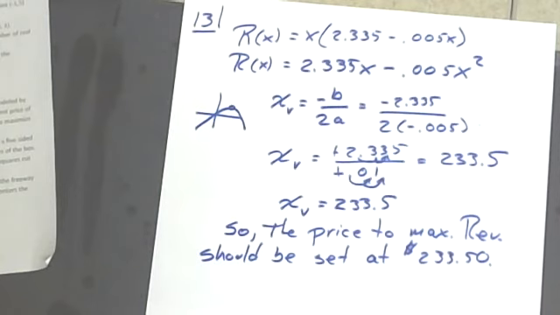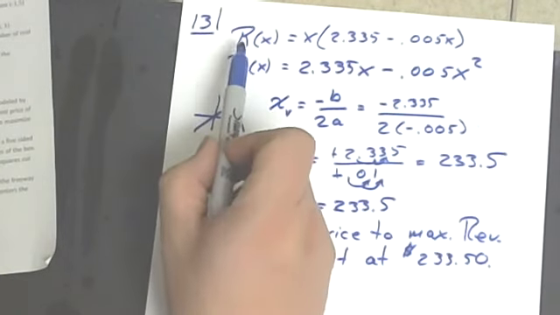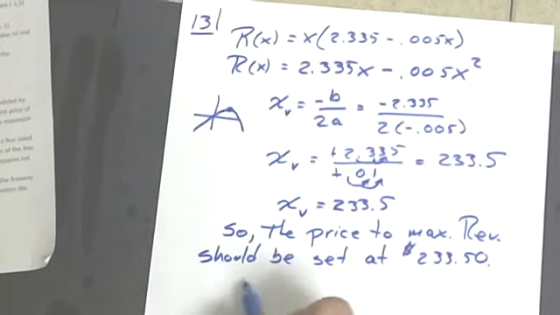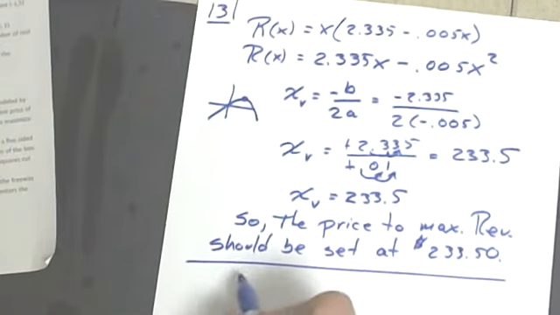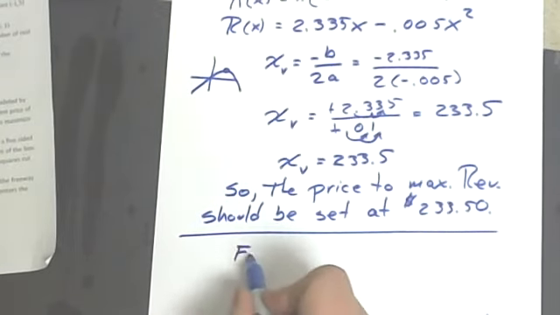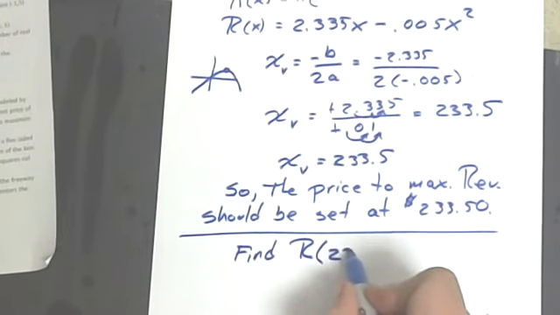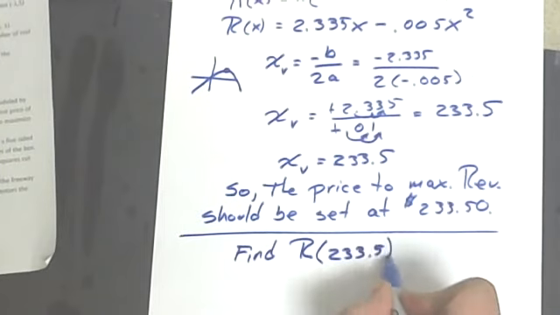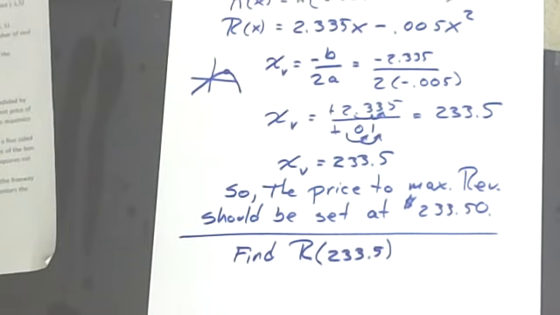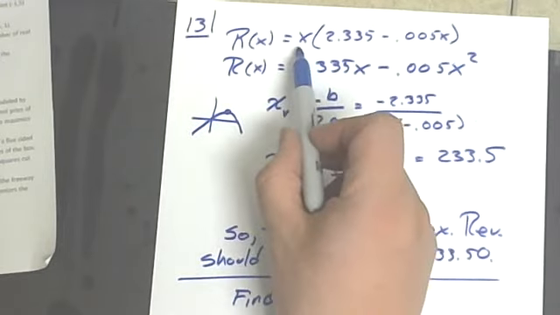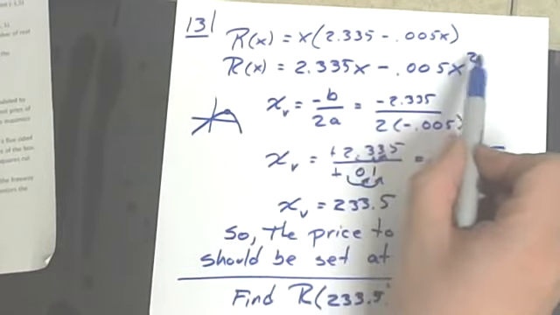Now that's only the first part. The problem then does go on to ask you, what will the maximum revenue actually be? Well, the revenue R is the y value, the output. So we'd have to then find the value R at 233.5 to find the y value of the vertex. But you can find that by, plug the x value into either of these, really.